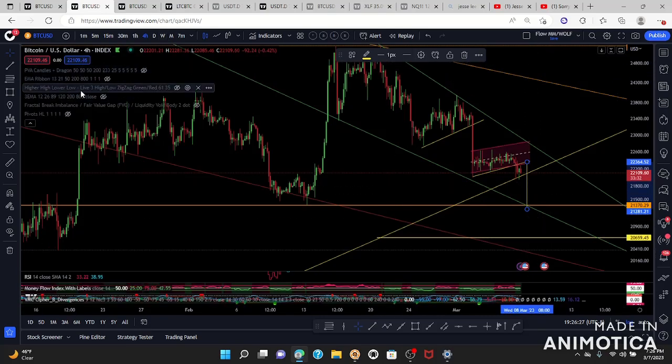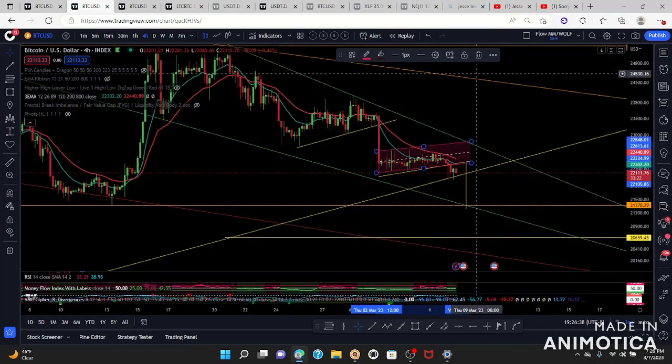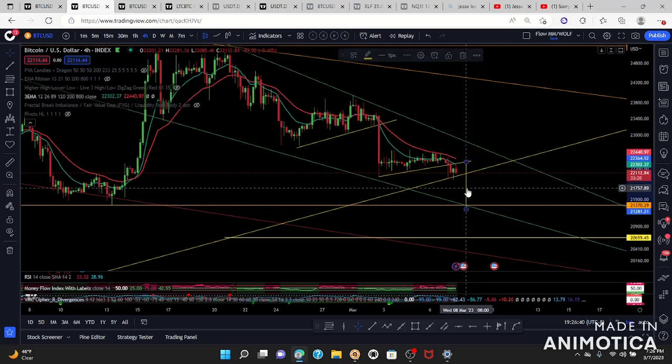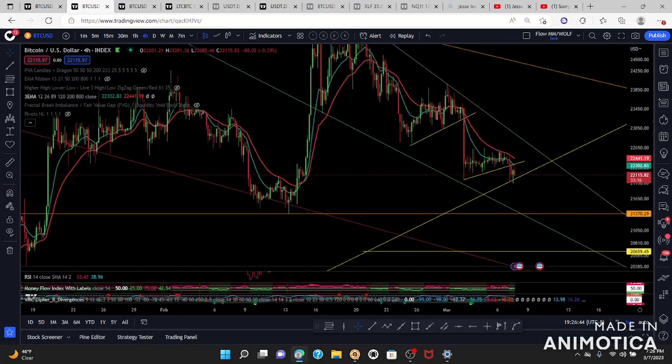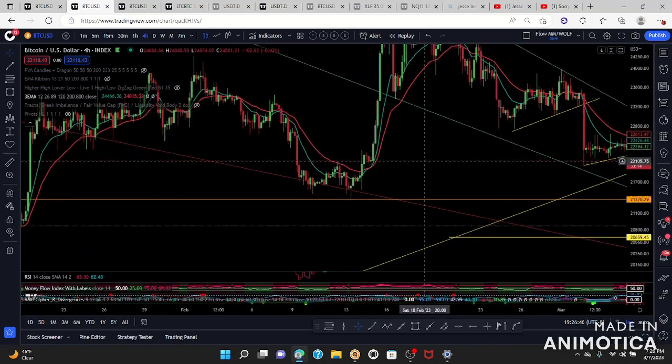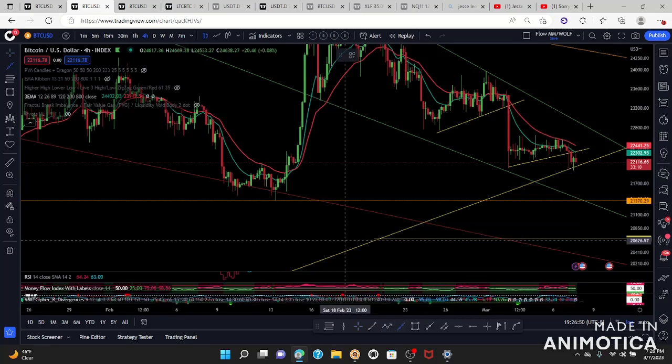Let me turn on my EMAs. 1226. So we're definitely in a downtrend. I think the bear flag is playing out right now, and we're gonna have that bounce around 21,300. I also have a 4-hour target right here based on this 1 touch, 2 touches here.